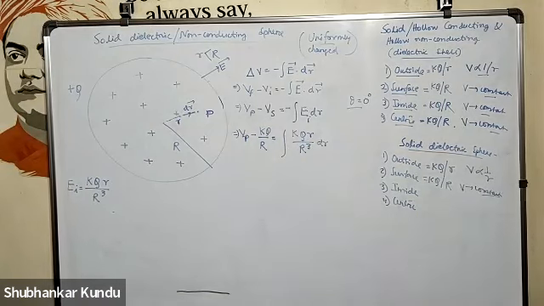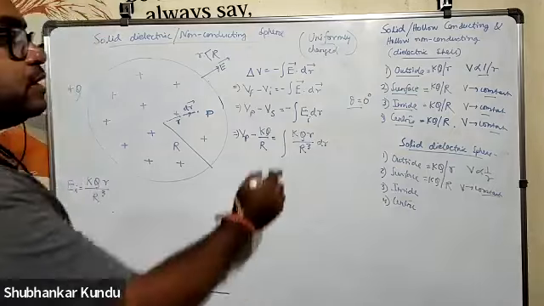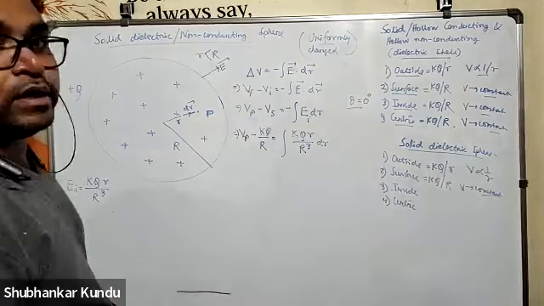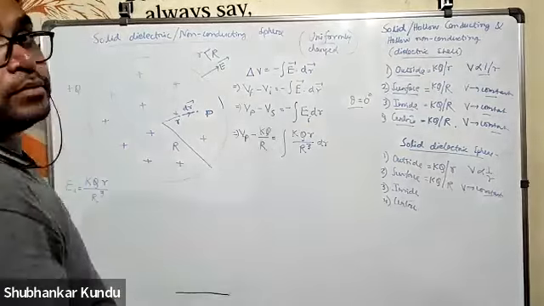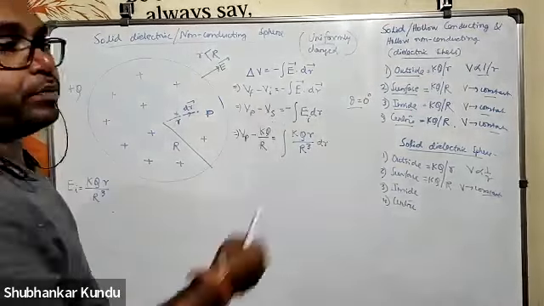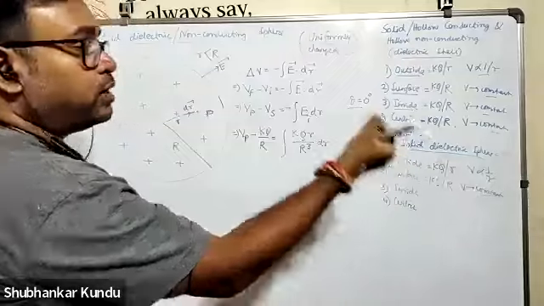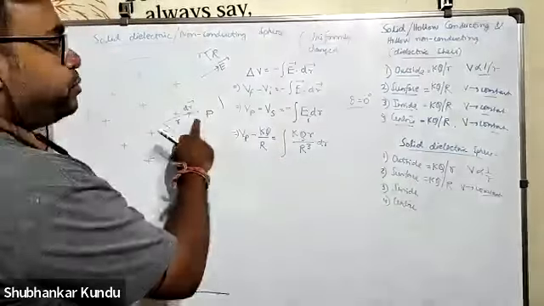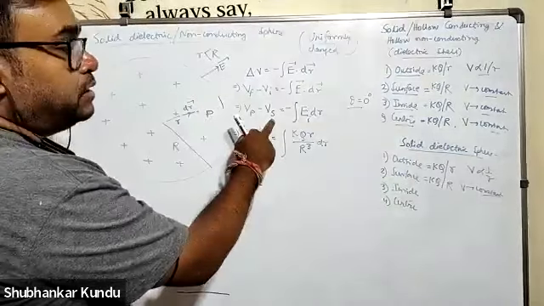What about the limits? You're taking the initial point as the surface. We bring the charge from the initial point to the final point. The final point is P inside, and the initial point is the surface.